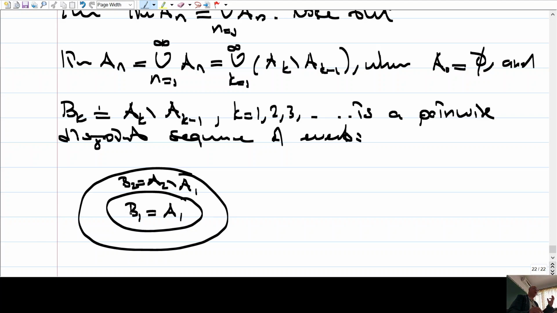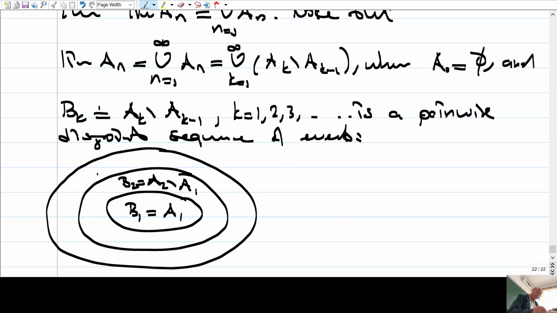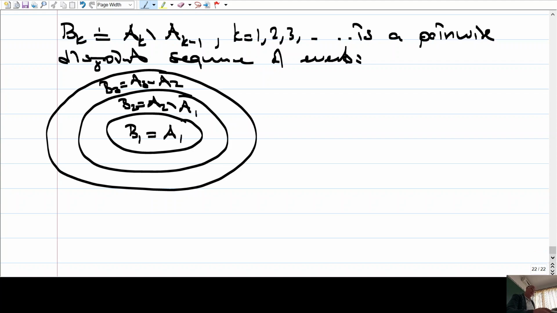A2 is the bigger one. B2 is the difference between the two. A3 is this. So B3 is just A3 minus A2. Okay. So these are just circular regions, and they are all disjoint.